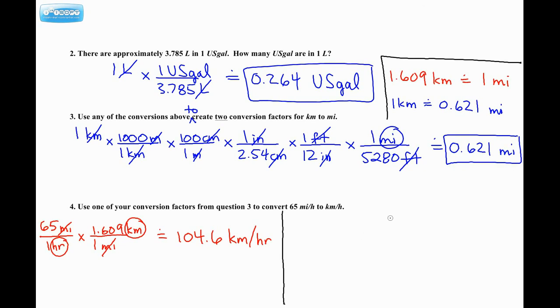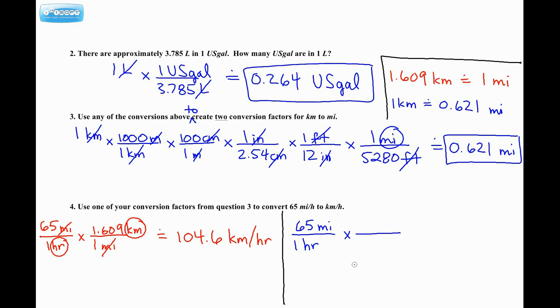All right. So I'm going to do this one in blue so that it matches the color of this conversion. So I still begin with 65 miles per hour, so per 1 hour. And again, I don't need to convert the hours at all. That gets to stay. But I want to go from miles to kilometers using this one.